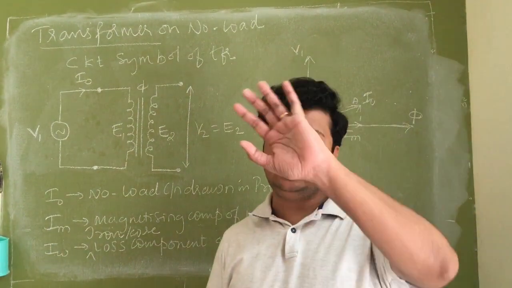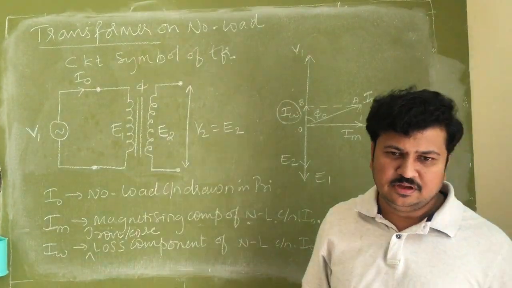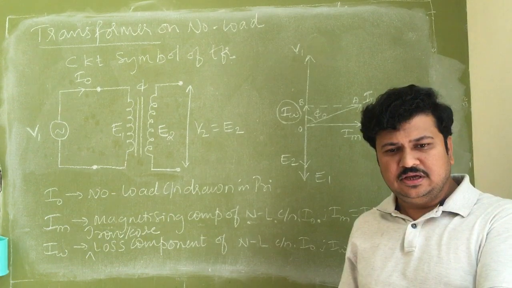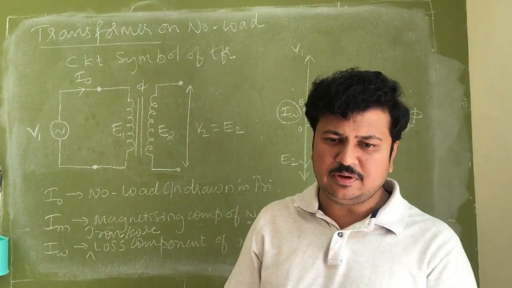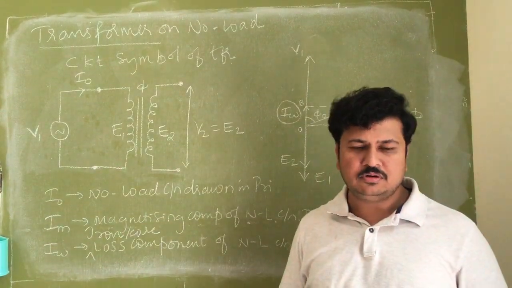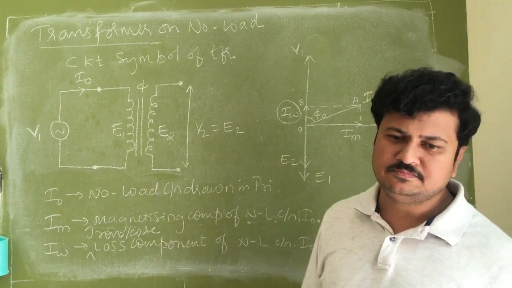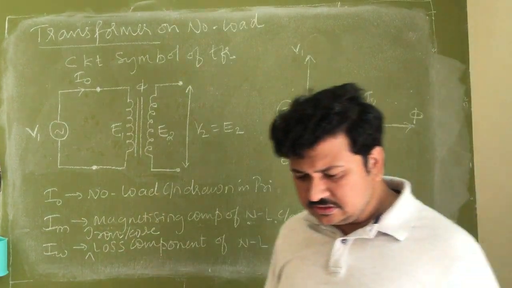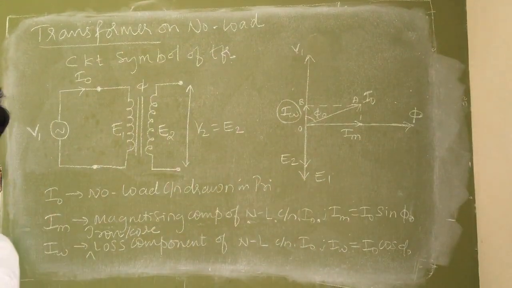The major part is converted to mechanical energy, that is rotation or kinetic energy. So heat loss energy plus mechanical output energy is exactly equal to the electrical input energy. If this is not true, no system will work. Any system works on this basis only. So this is the concept of supply, loss and output.